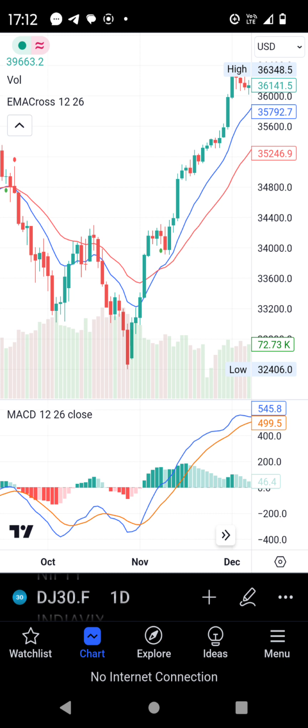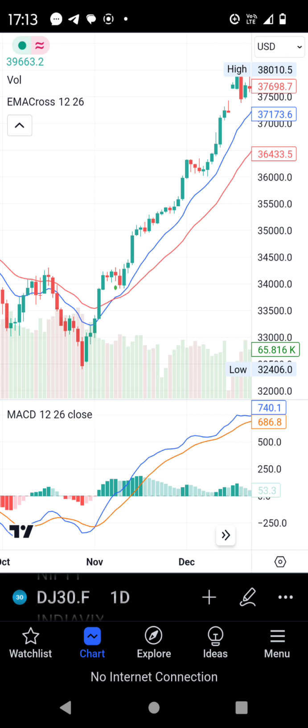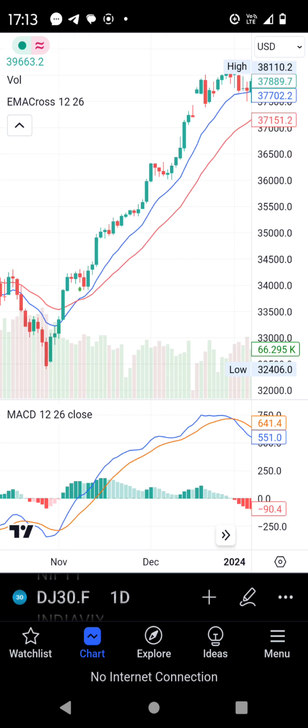Okay, so whenever you have a crossover of the blue line going above the red line in the MACD part, you will find that an uptrend is there. Okay, and if the blue line is above 0 and it is also above the red line, then definitely there is an upward momentum. See, blue line above 0 and above the signal line is definitely bullishness.